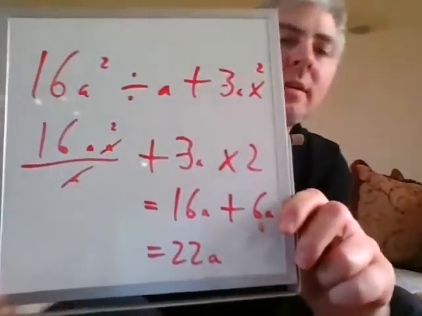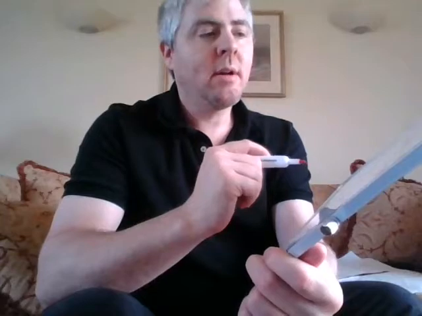So 16a squared divided. You've got 2 a's at the top and 1 a at the bottom. So what you do is you just cancel that like that. So those two are cancelled, the one at the top and the one at the bottom.